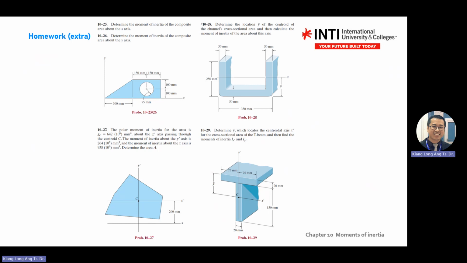So there's a d there, from the centroid to that one. You're given the height of this one, right? In the earlier example, you didn't know how to find the y bar, so you needed to build the table. Remember the table, component 1, then area, and so on.